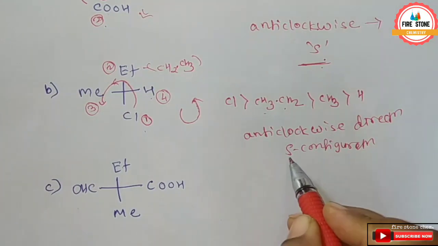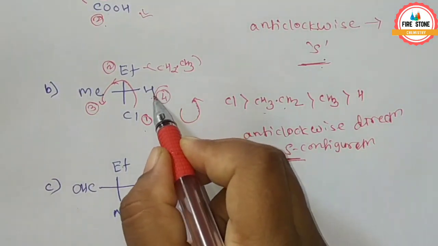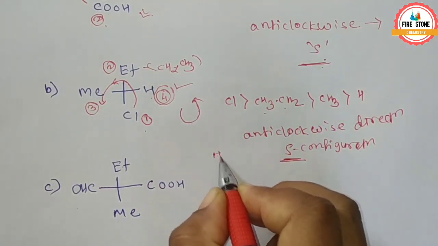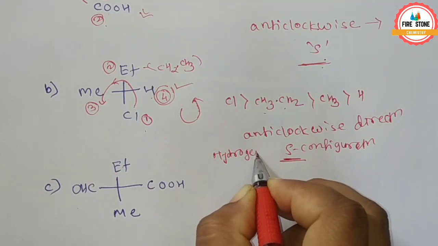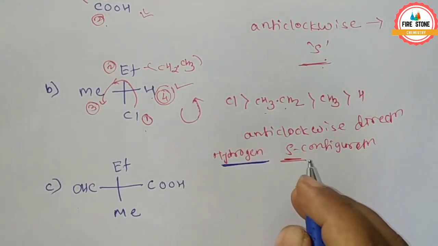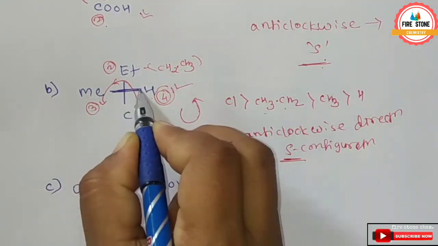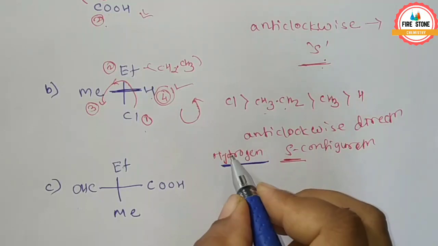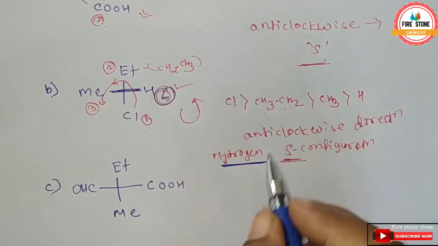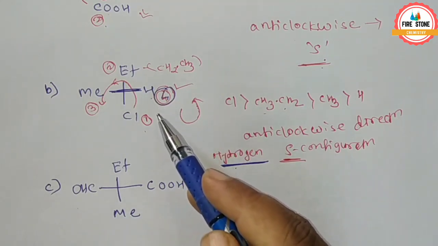Here again we get S configuration, but here the fourth priority group, that is the least priority group, is hydrogen, and it is on the horizontal line. So the least priority group is hydrogen and it is on the horizontal line.